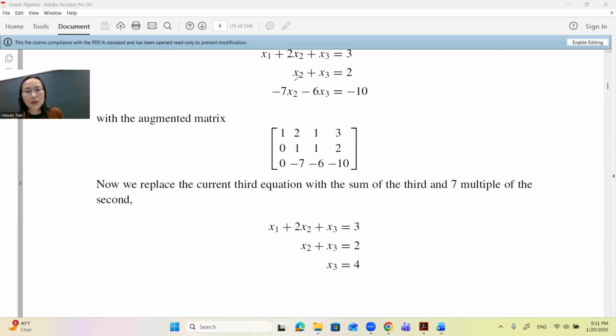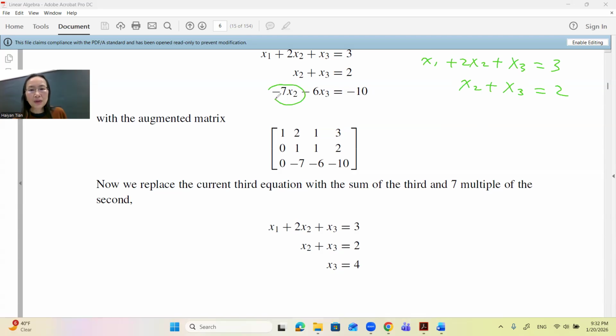So let's take advantage of the second equation. We don't need to modify the second equation. We just keep the first equation as is, and keep the second equation as is. But the third equation is the equation we want to modify.